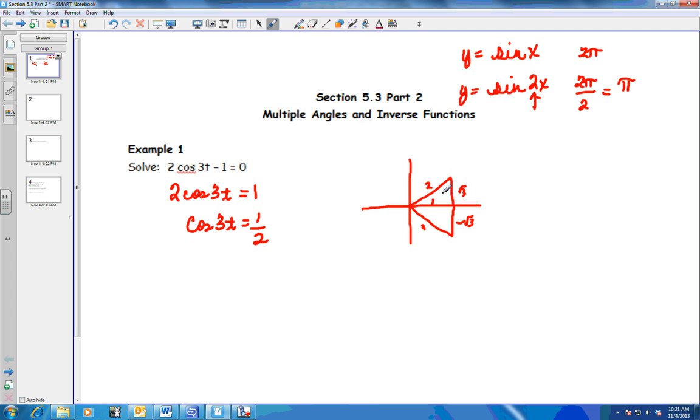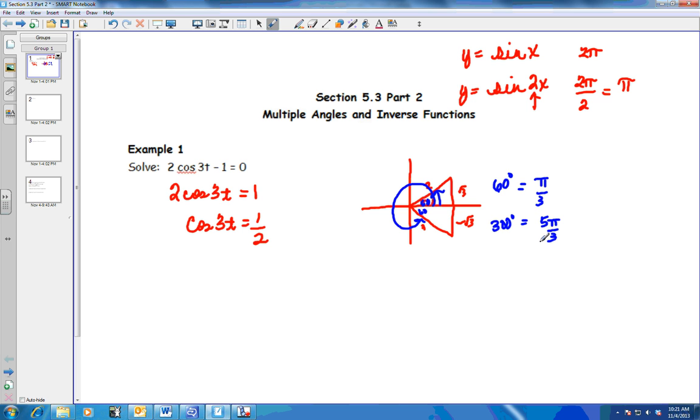30 degrees is always opposite my 1. So I know this angle right here has to be 60 degrees. So this is 60, which means this is 60. So my two answers: 60 degrees, and 60 degrees is pi over 3. Or if I go all the way around, that's 300 degrees, or 5 pi over 3.